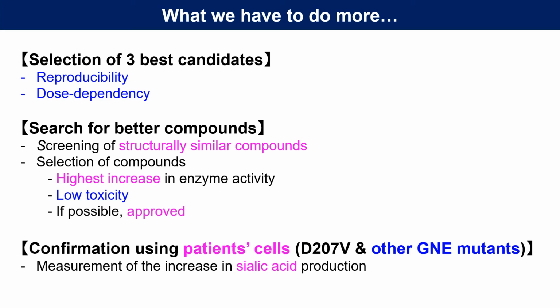And also we would like to select compounds with low toxicity for clinical use, and if possible, approved drugs for faster clinical use. And also we will confirm using patient cells with the D207V mutant and other GNE mutants, and measure and confirm the increase in sialic acid production using these compounds.